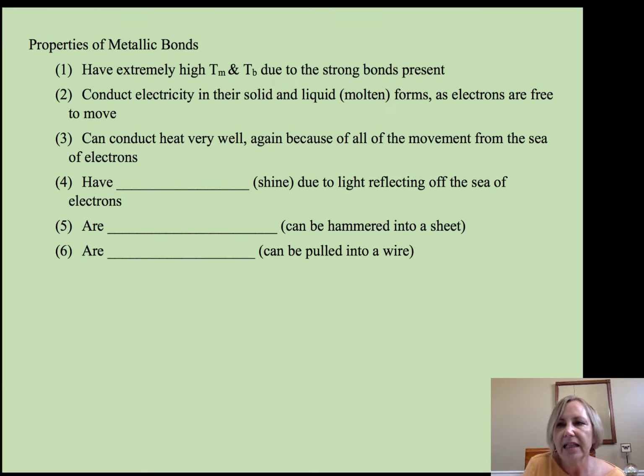Now, metallic bonds have very high melting points because they're strong bonds. So it takes a lot of energy to break. If it takes a lot of energy to break a metallic bond, that's going to give it a high melting point and boiling point. And they're really kind of all over the place. There's not any pretty trends that we can follow.